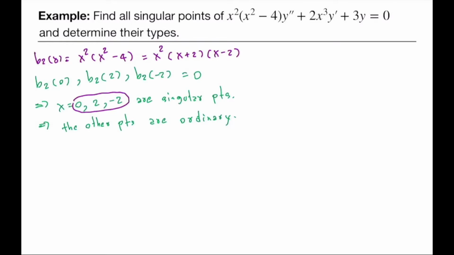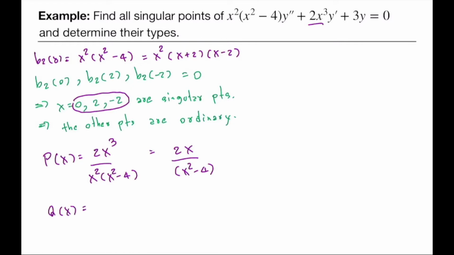So we first look at p(x), which is the second term, 2x cubed divided by x squared minus 4, and that will be 2x divided by x squared minus 4. And q(x) would be 3 divided by x squared minus 4.